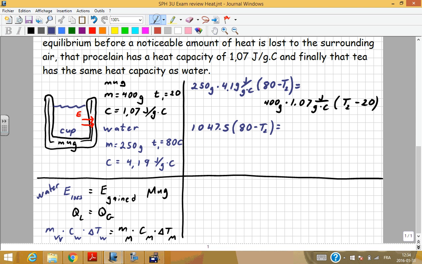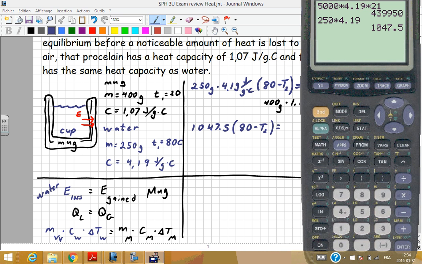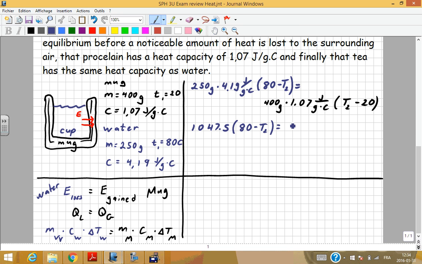So I didn't touch the bracket yet. On the right hand side, I'll do the same thing, which is 400 multiplied by 1.07. We get 428. So 428 times T2 minus 20.